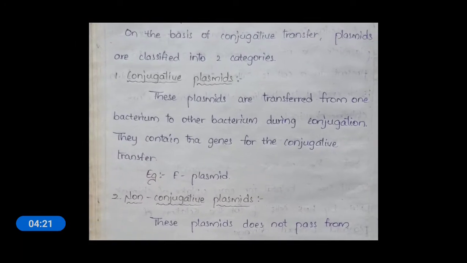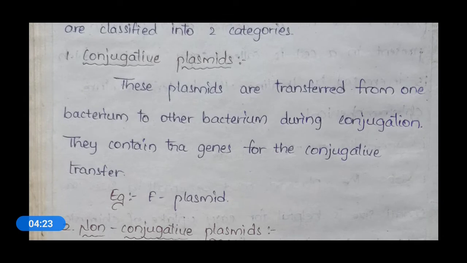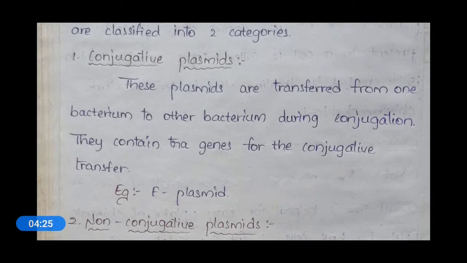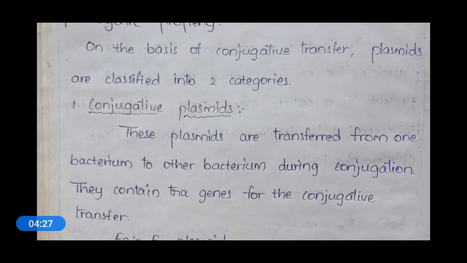We can classify these plasmids in two ways. The first one is by conjugative transfer. If we take conjugative transfer as a factor, we can classify these plasmids into conjugative and non-conjugative.